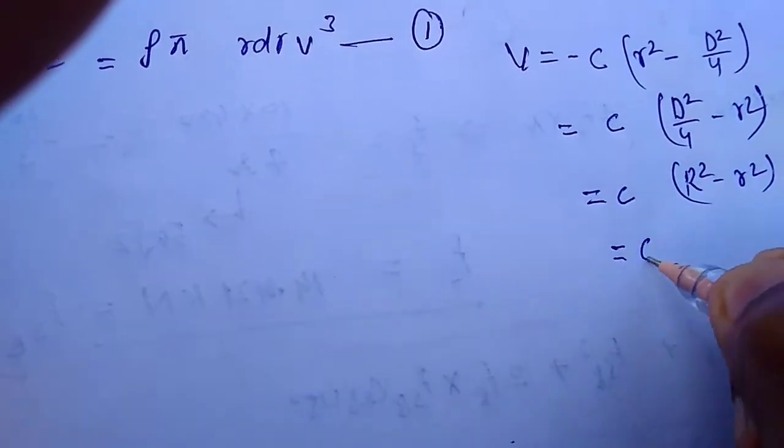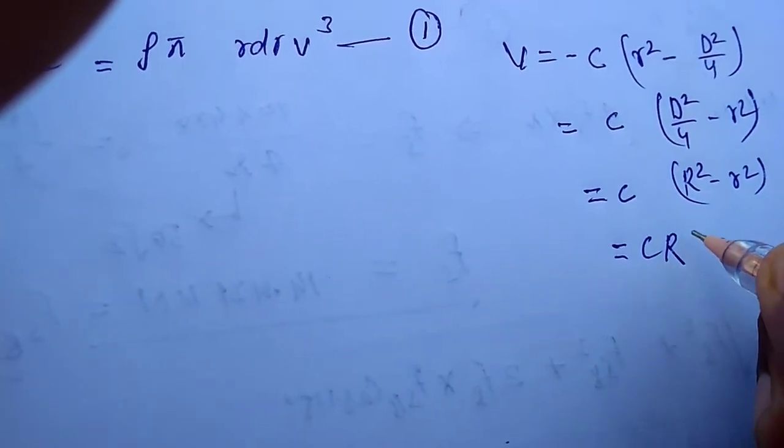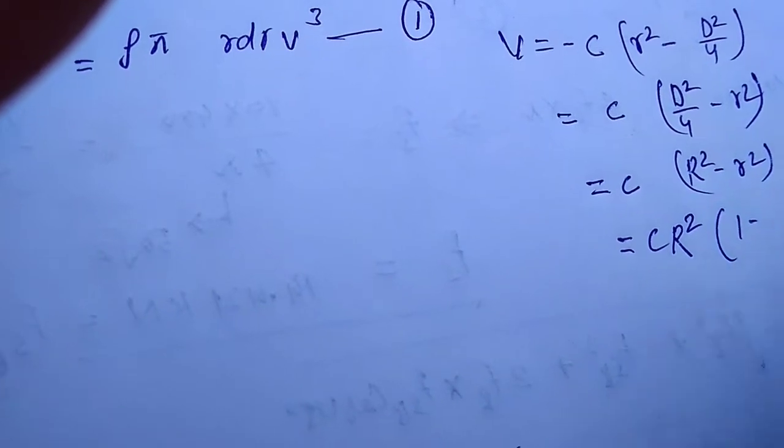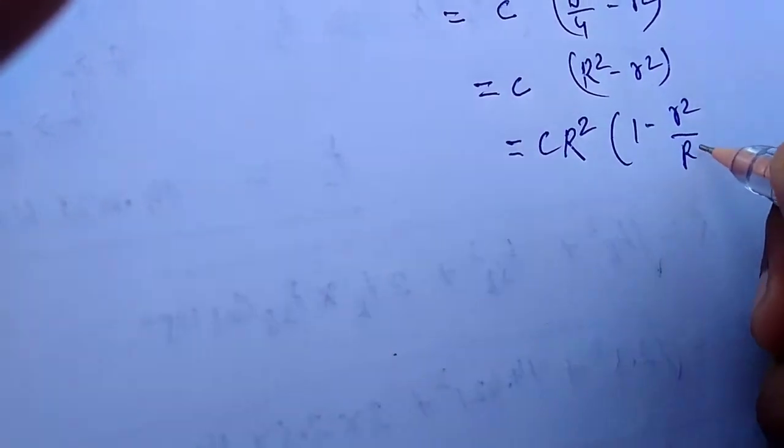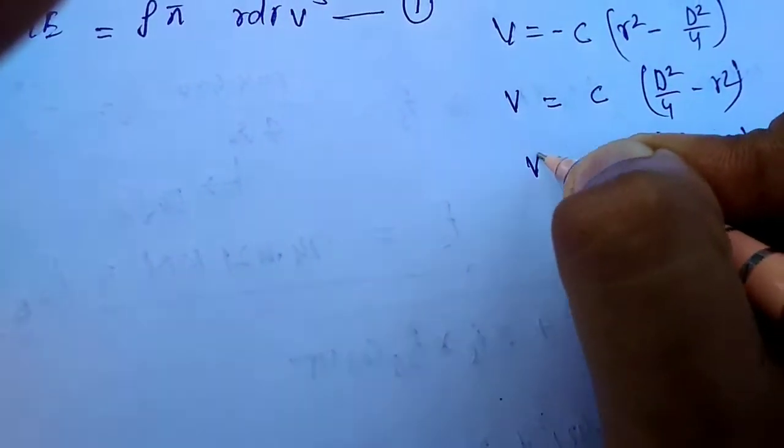Finally, c into taking R square outside, R square into (1 minus r²/R²). So this is the v.